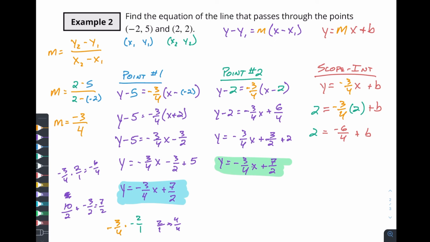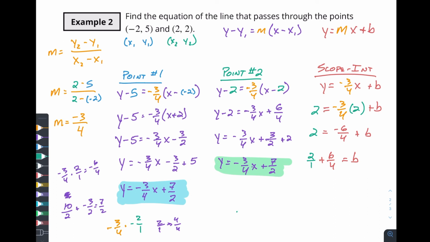So we're going to have 2 over 1 plus 6 over 4 is equal to b. We still have to do our common denominator. So we still need to look at what is this with 4 as a denominator.